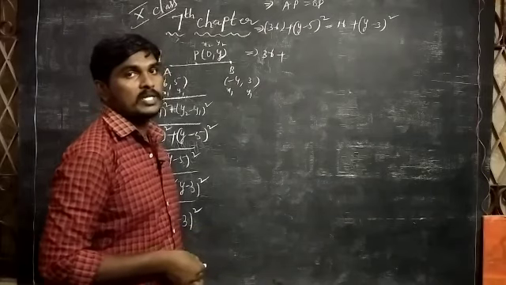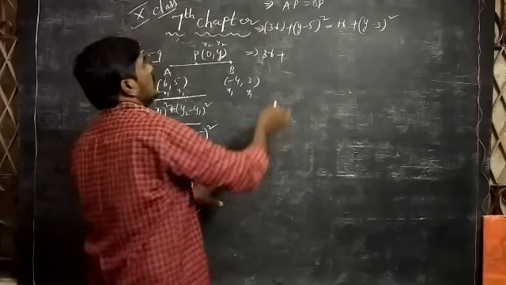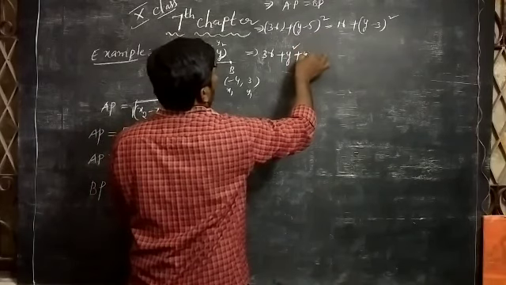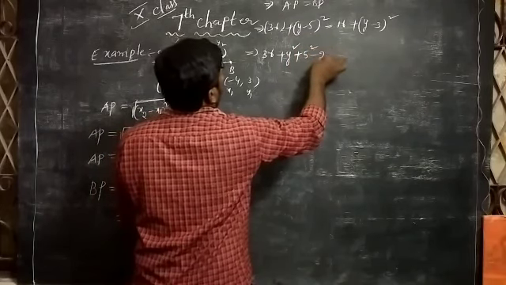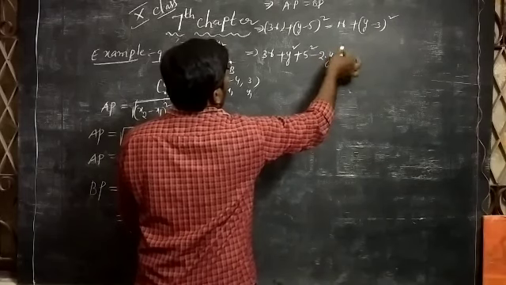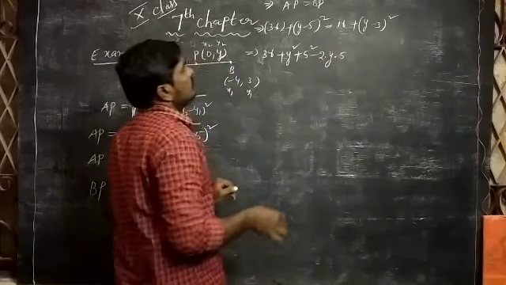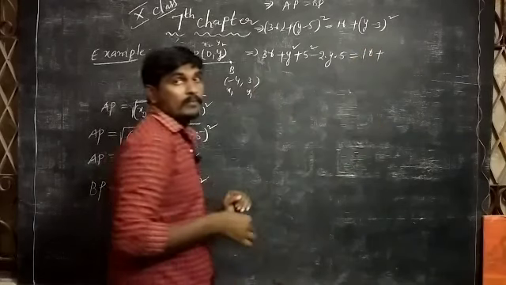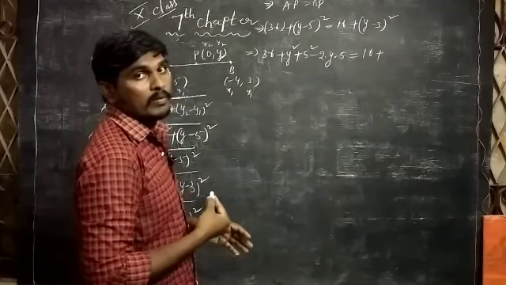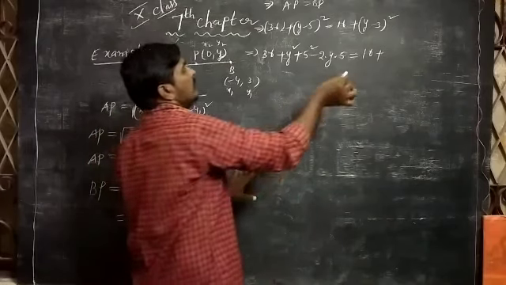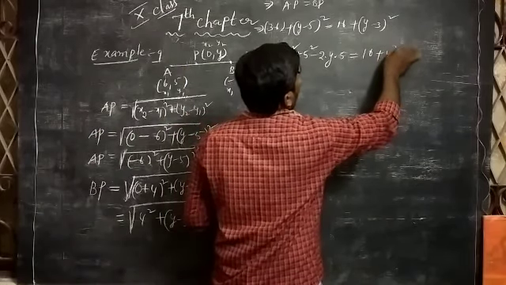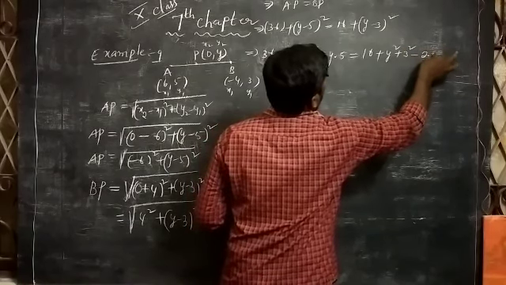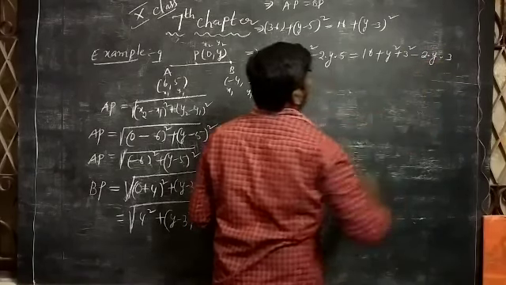So according to a minus b whole square, expand: y square plus 5 square minus 2 into y into 5. Like the same, on the right hand side also 16 plus, the same formula a minus b whole square applies: a square plus b square minus 2 into a into b.